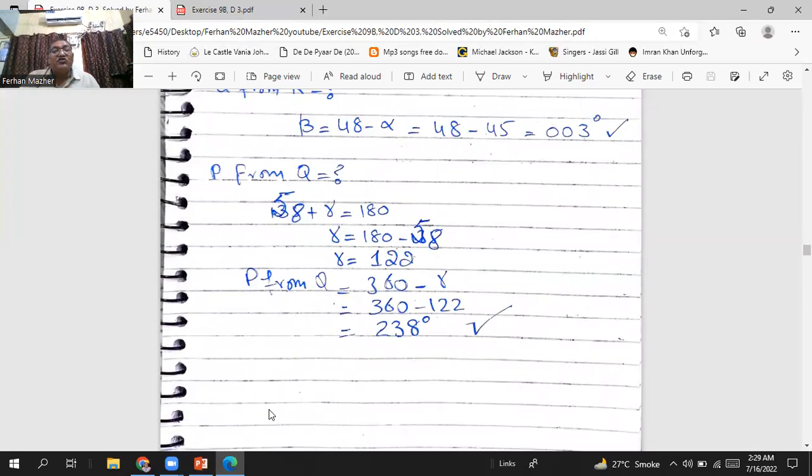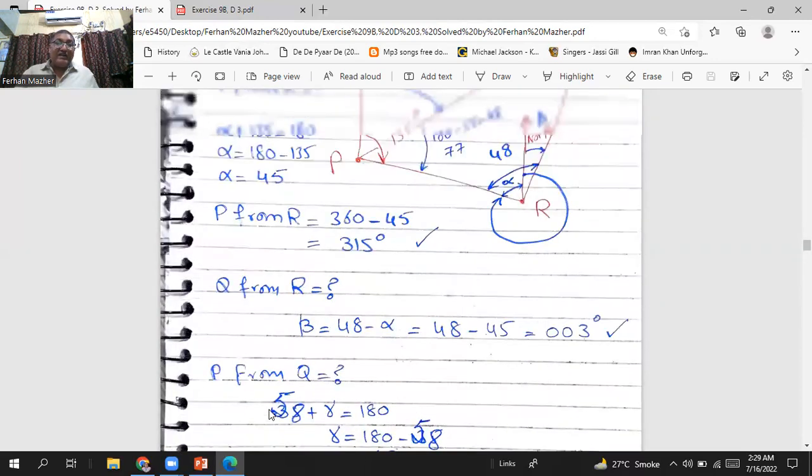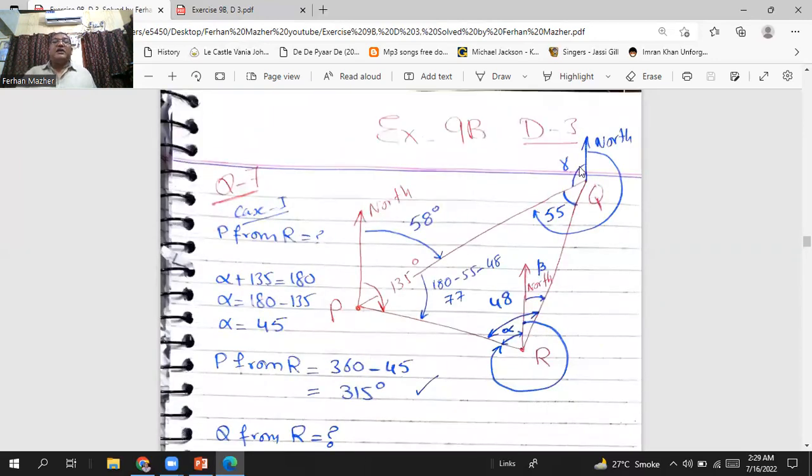So gamma will be 180 minus 58, and that will be 122. And then the bearing of the P from the Q will be 360 minus 122, and that will be 238. So this is case one, in which the Q point is on the north side of the PR.